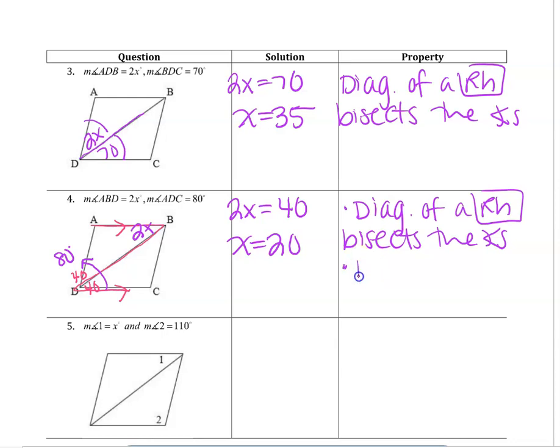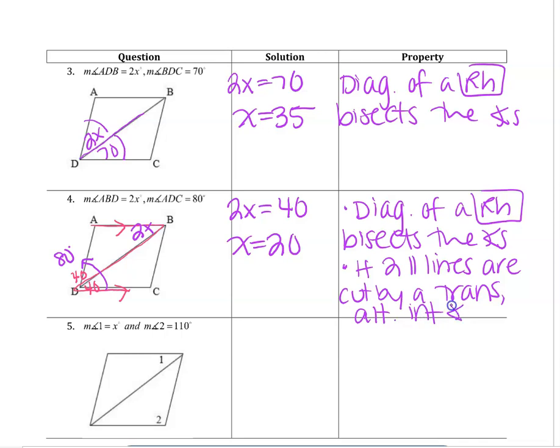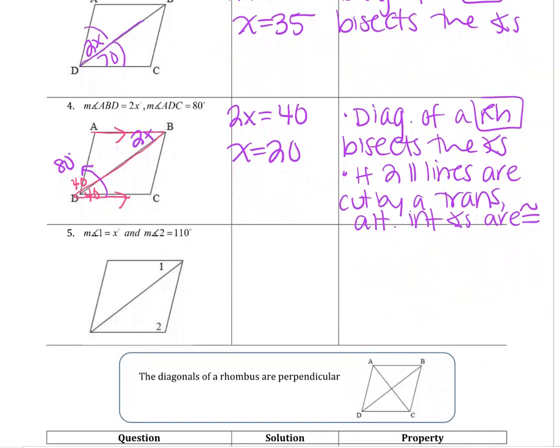So I'm going to go ahead and say if two parallel lines are cut by a transversal, alternate interior angles are congruent. And then you're done.